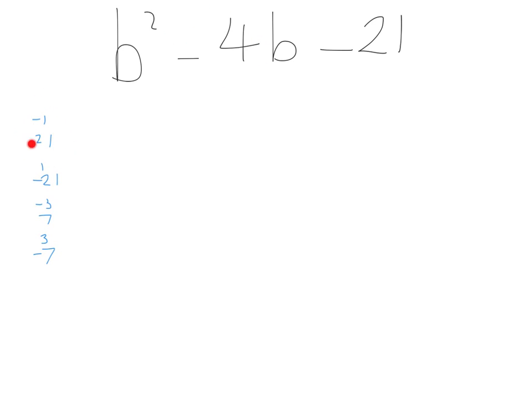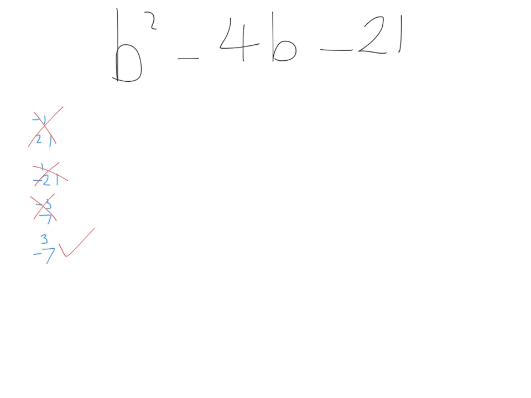So minus 1 and 21, no, that's not going to work. Neither is that. Minus 3 plus 7: if I did minus 3, then I added on 7, I would end up at plus 4. But if I did 3 plus minus 7, that would give me take away 4. So I'm not using that, I'm not using that, I'm not using that.